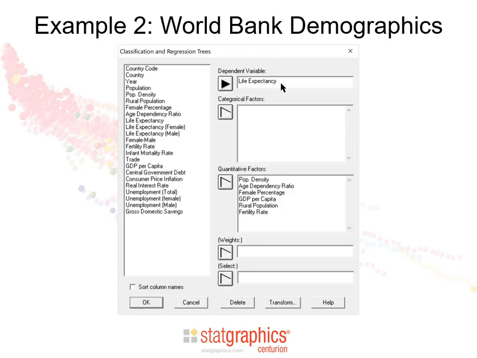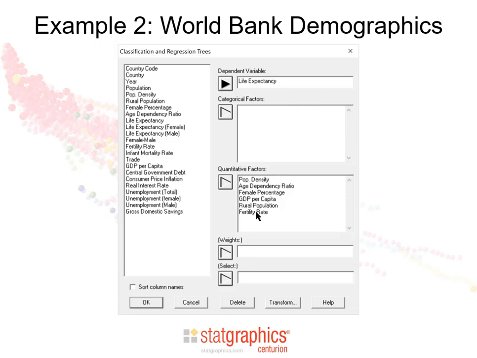The tree I'm going to build will use 1, 2, 3, 4, 5, 6 columns as quantitative predictors. For example, I'm going to tell it I want to predict life expectancy as a function of population density, the age dependency ratio, the percent of females in the country, the per capita GDP, the percent of the population that lives in rural areas, and the fertility rate.